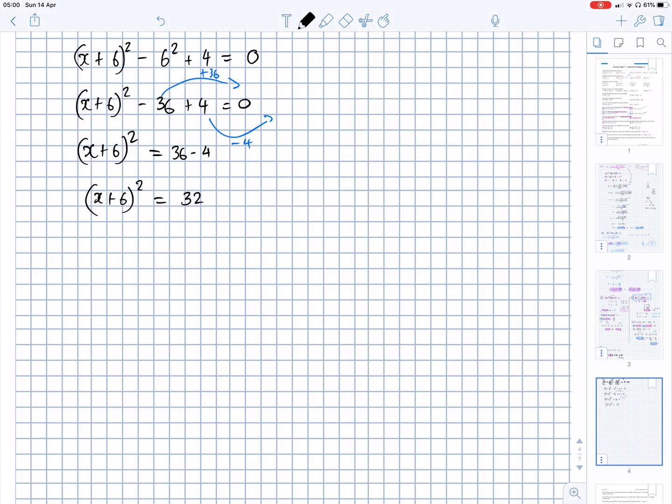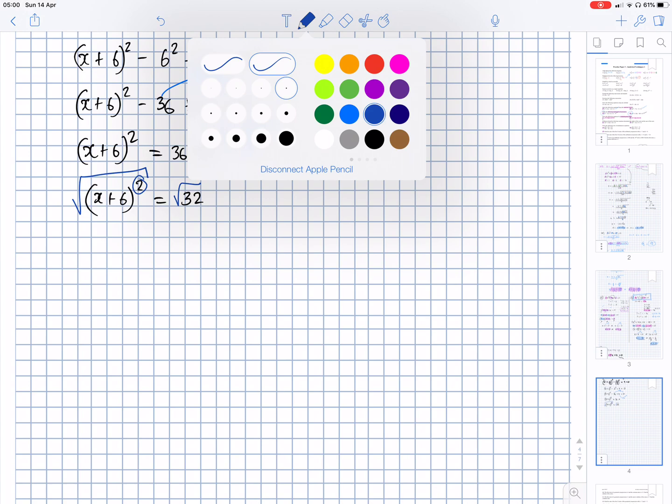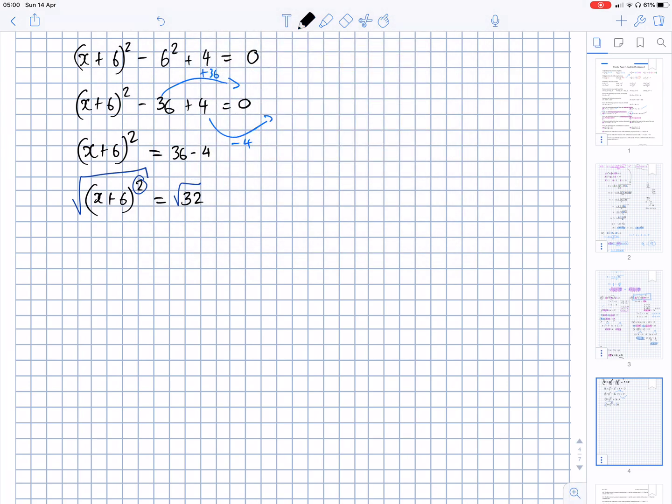Okay, now we are going to find the square root of this to remove the squared, and square root the other side, because you have to find the square root of both sides. So this remains as x plus 6 equals square root of 32.